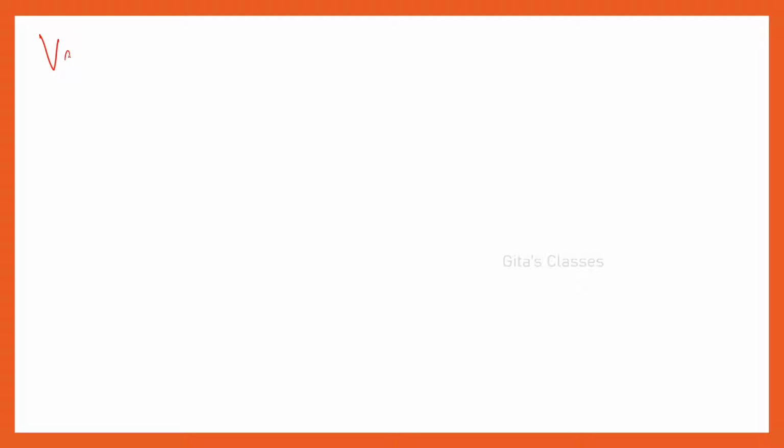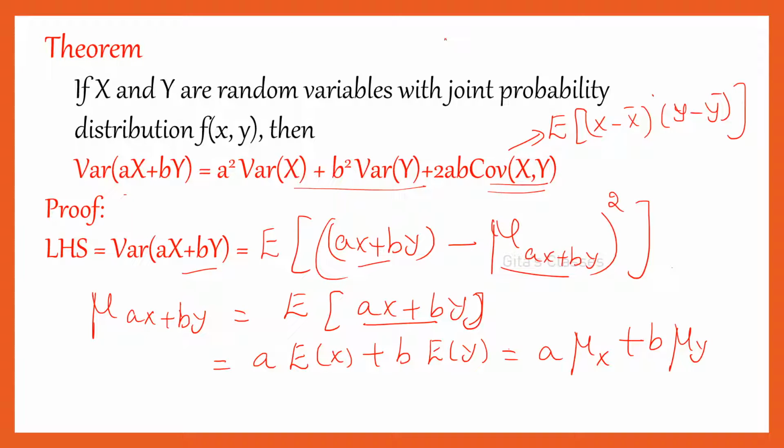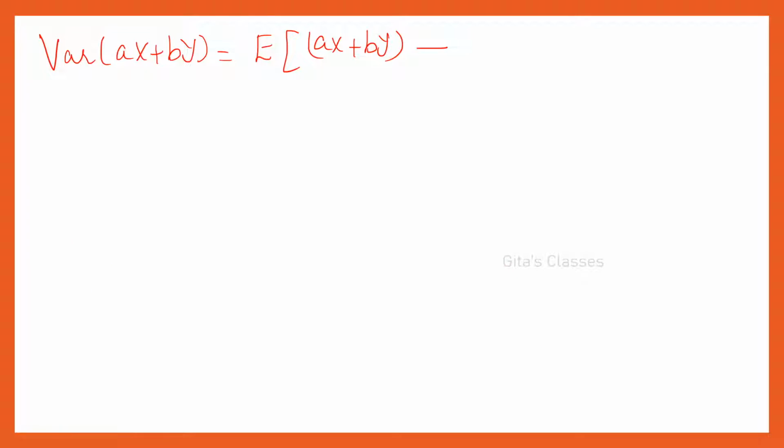So variance of ax plus by is equal to expectation of ax plus by minus mu of ax plus by, the whole square, that can be written as a into mu x plus b into mu y, the whole square.